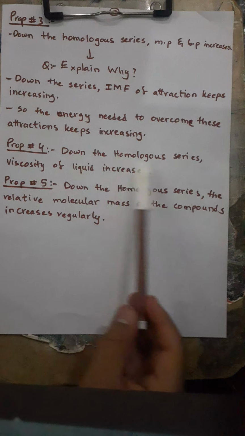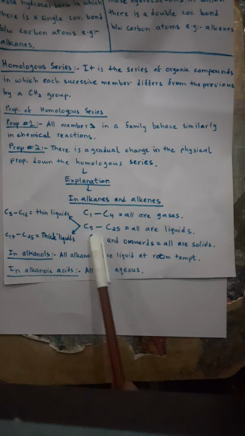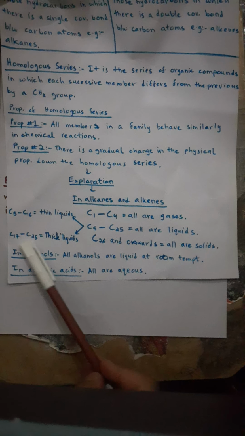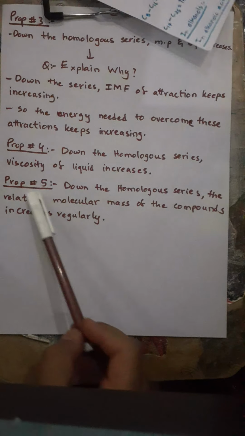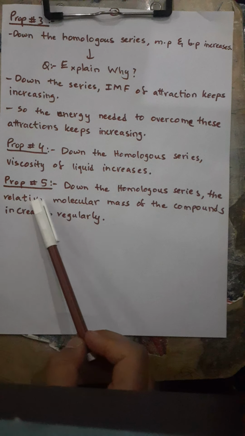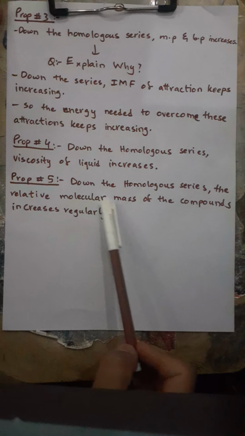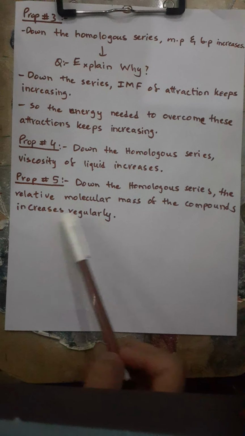Property number 4, down the homologous series, viscosity of liquid increases. We studied that from C5 to C16 they are thin liquids, and C17 to C25 thick liquids, so viscosity increases from thin to thick. Viscosity is actually the density. Property number 5, down the homologous series, the relative molecular mass of the compounds increases regularly.